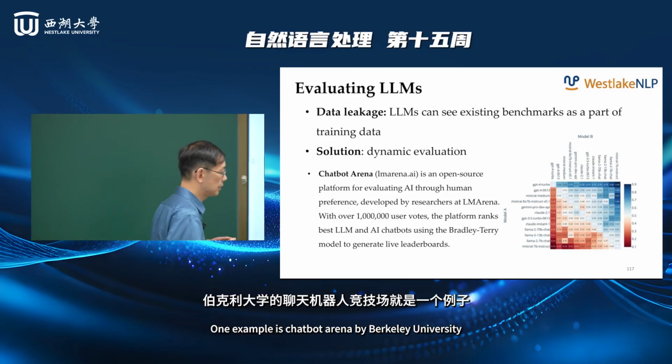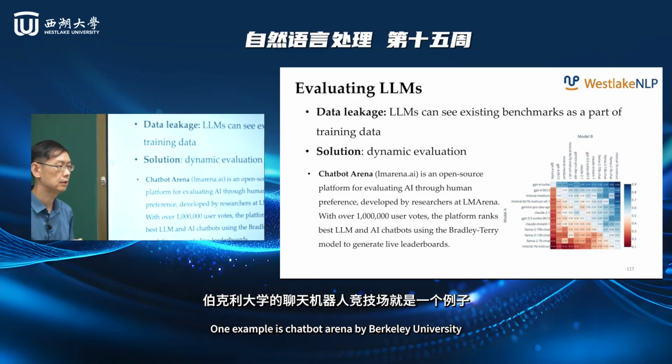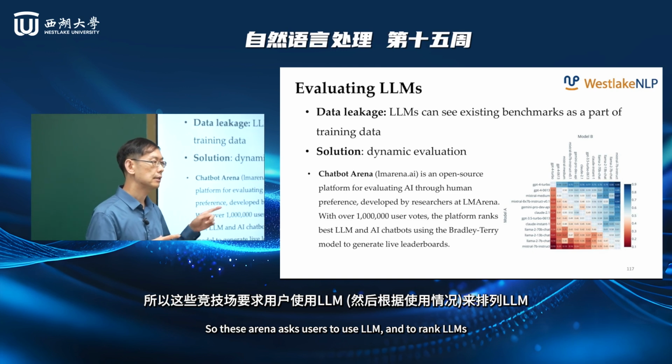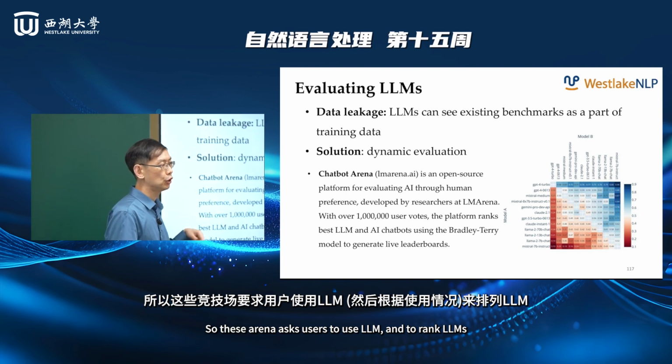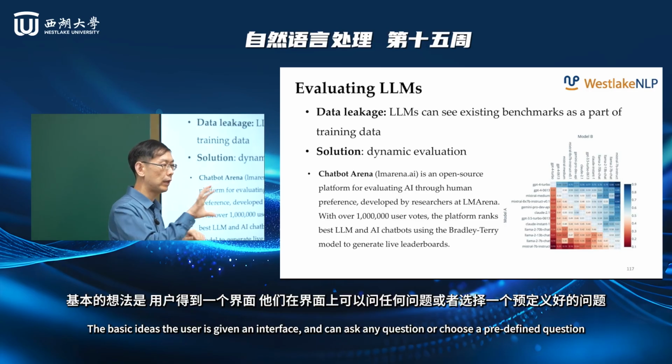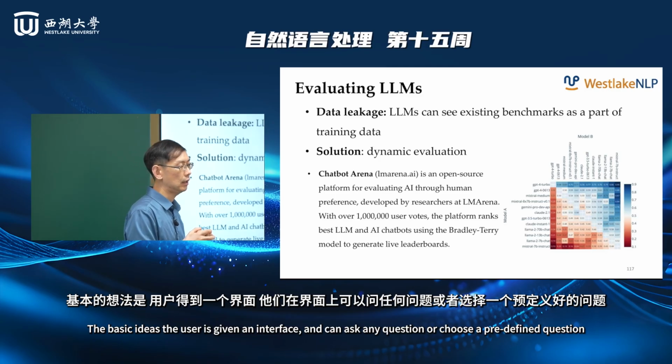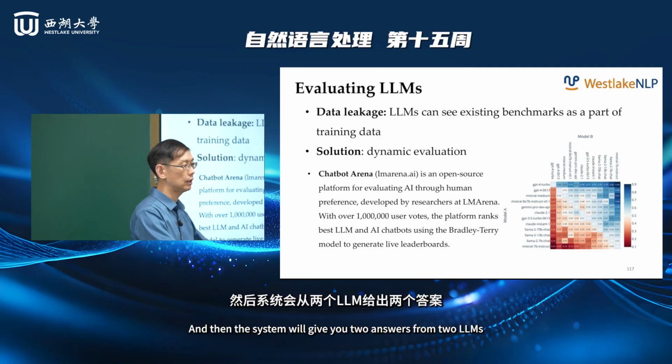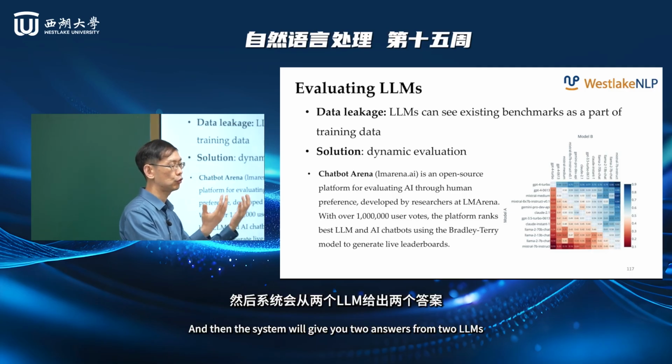One example is Chatbot Arena by Berkeley University. So this arena asks users to use LLMs and to rank LLMs. The basic idea is the user is given an interface, and he can ask any question or choose a predefined question. And then the system will give you two answers from two LLMs.